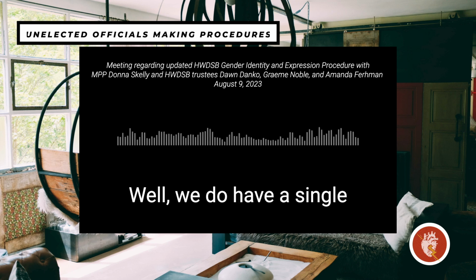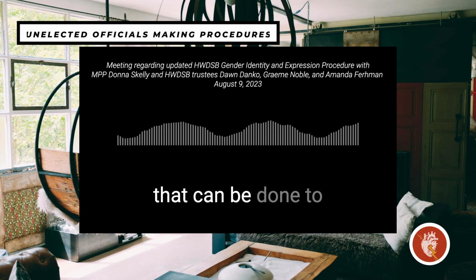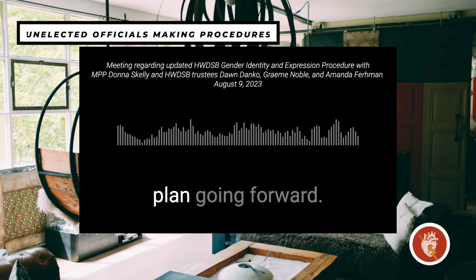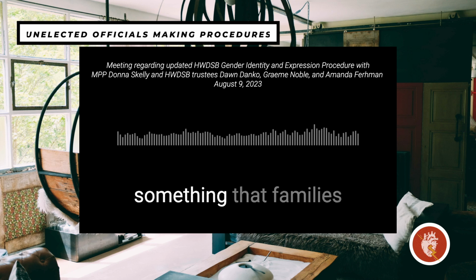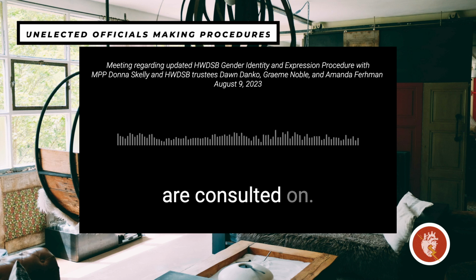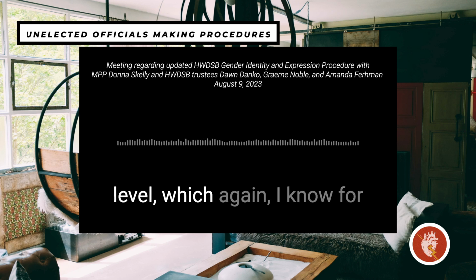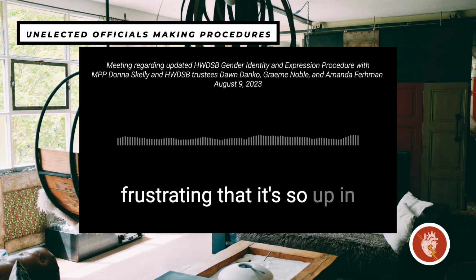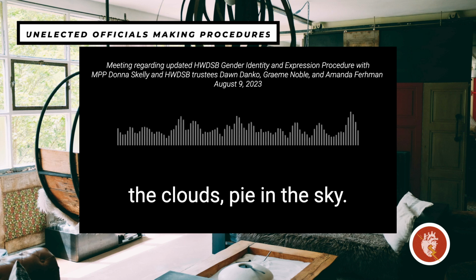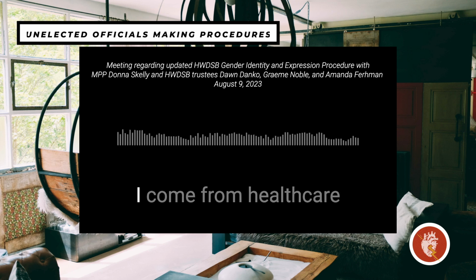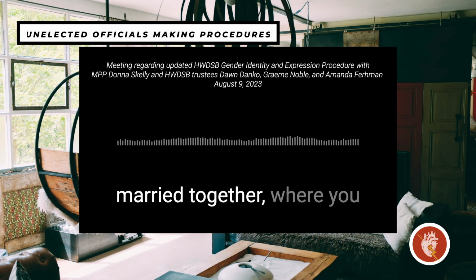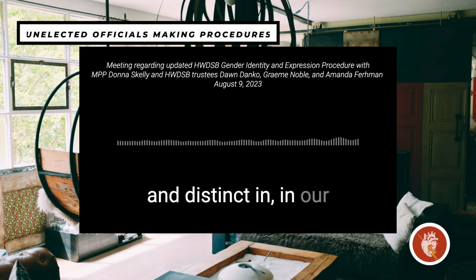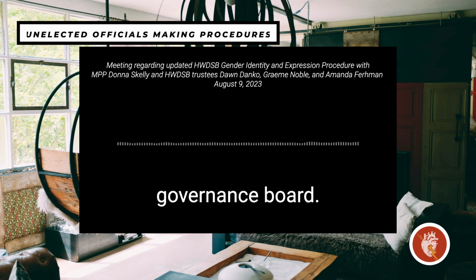Well, we do have single-use washrooms, and that may be something that can be done to accommodate someone who's not comfortable with that. But that's the plan going forward. Procedures are not something that families or the community are consulted on. We consult at the policy level, which, again, I know from a trustee's perspective, sometimes it's frustrating that it's so up in the clouds, pie in the sky, like it's not detailed. I come from healthcare where these things are married together, where you set a policy and a procedure, but they are unique and distinct in our world where we're a governance board.